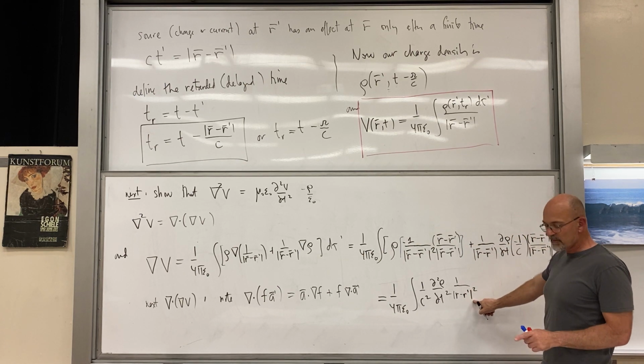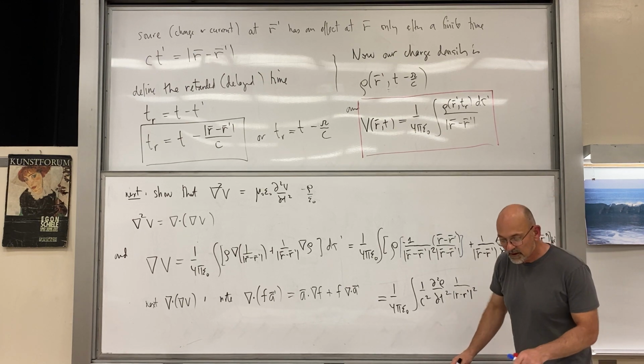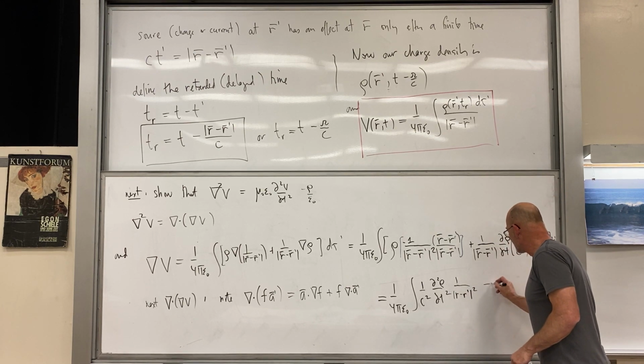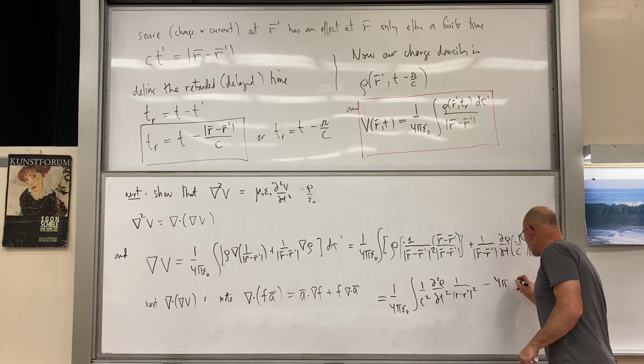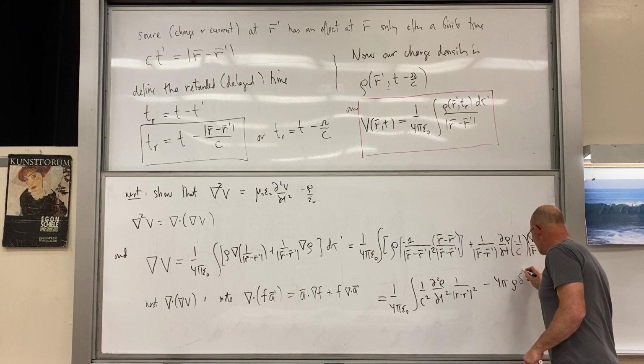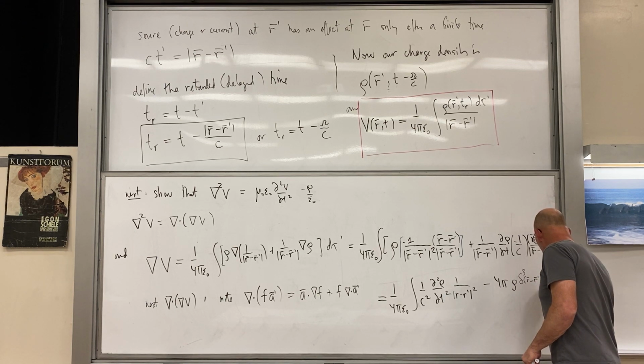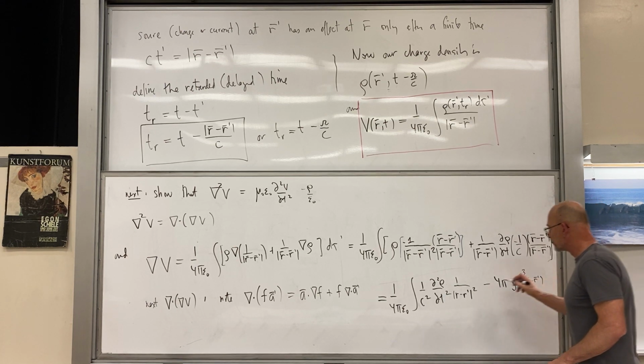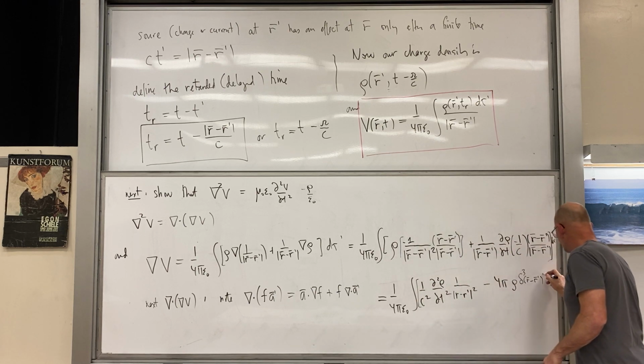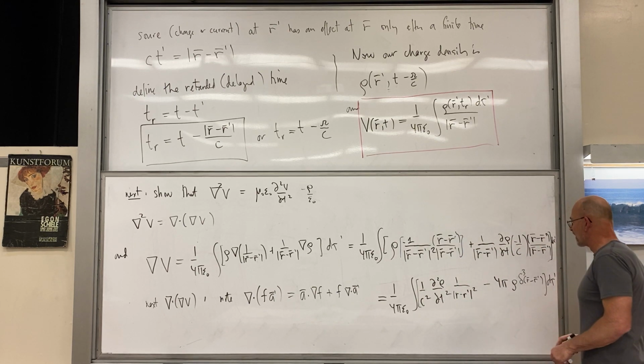I think this is the power of my notes. The other one is minus 4 pi rho d cubed r minus r prime, close parentheses, d tau prime.